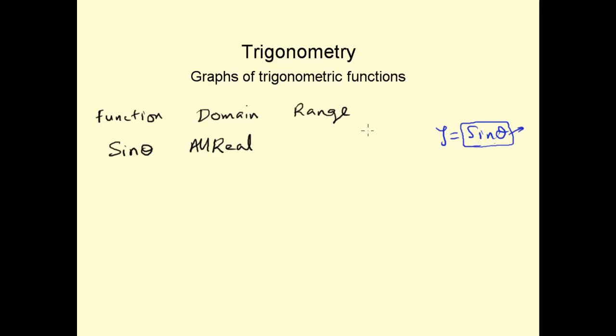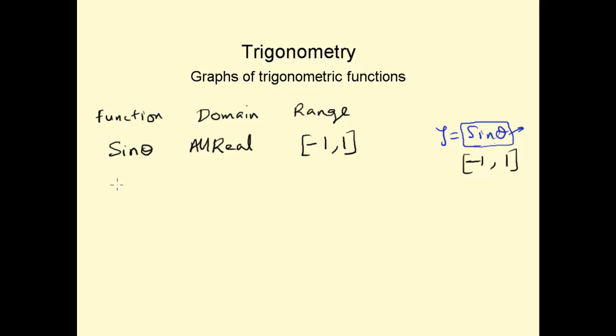And what is the range of sine theta? Range of sine theta is always between -1 and 1, including both of them. If you put any large value for theta, it will still be within -1 and +1. So the range of sine theta is -1 to 1, including both of the numbers.